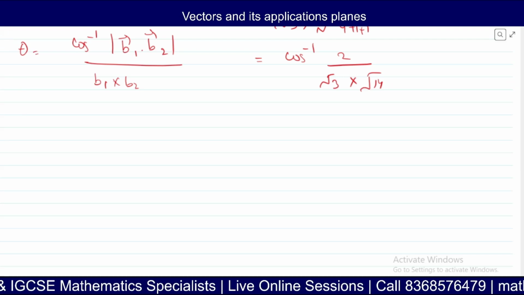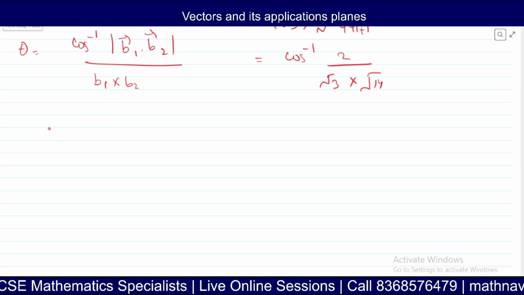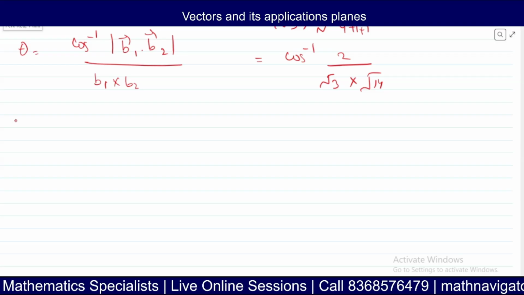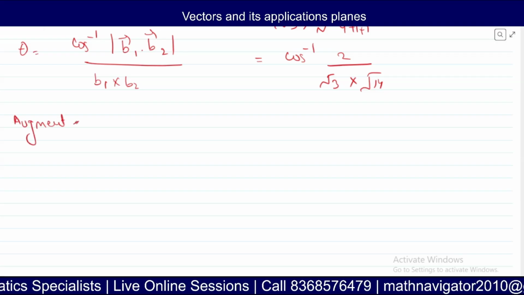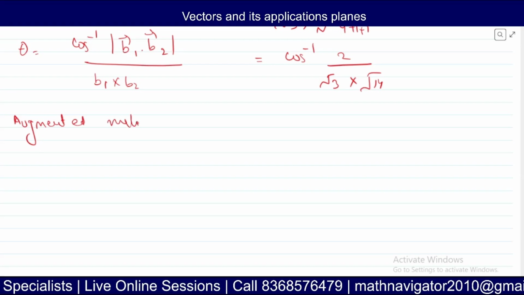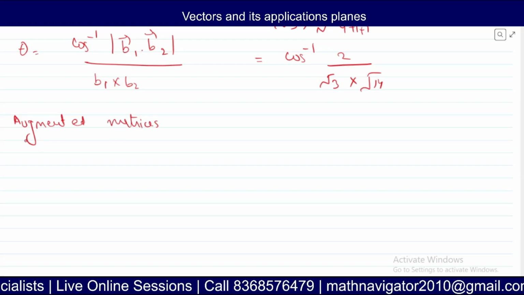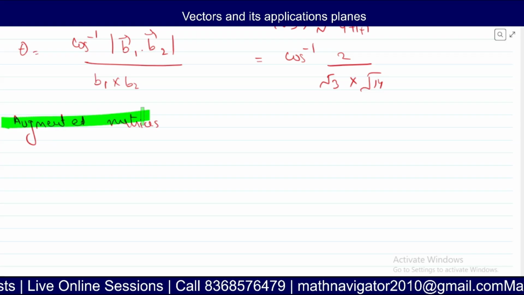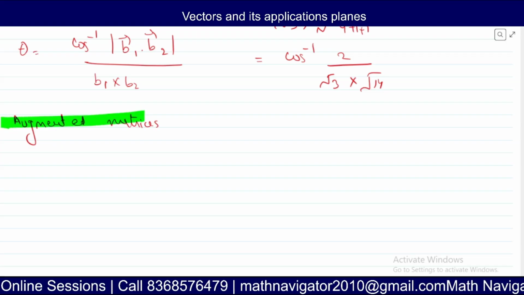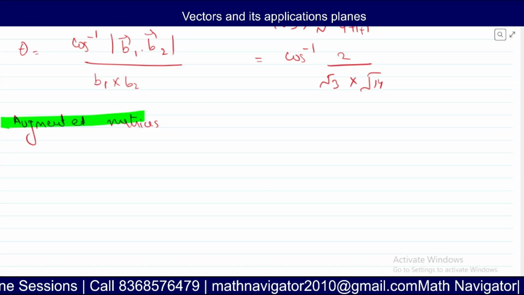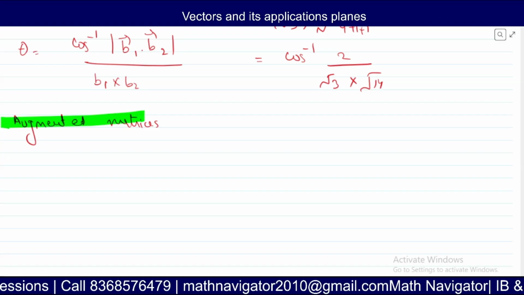What is the next thing that is very, very important? I have already taught you augmented matrices. What do we mean by augmented matrices? You need to use augmented matrices when you need to solve simultaneous equations. It can be 2 simultaneous equations or it can be 3 linear equations, right?